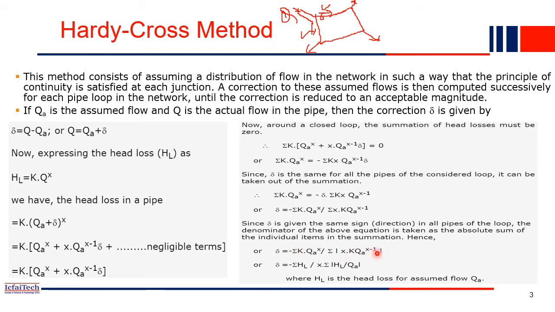If you simplify this expression, you will get this expression. Here HL is the head loss for the assumed flow of Q_a. Once you know delta, the correction factor, you subtract it from whatever we assumed at the beginning, and all the values will get modified and we get the corrected value.